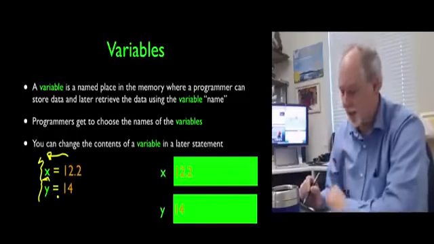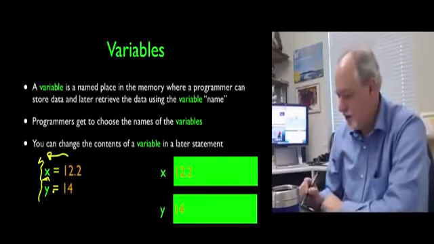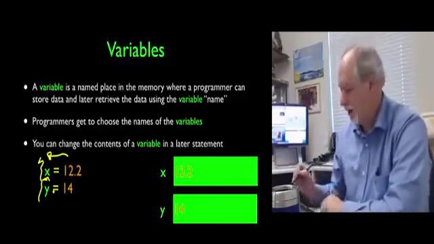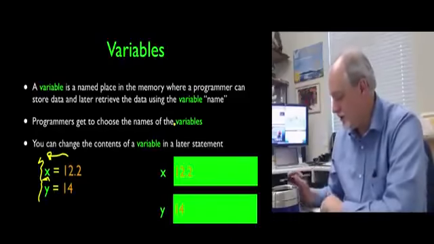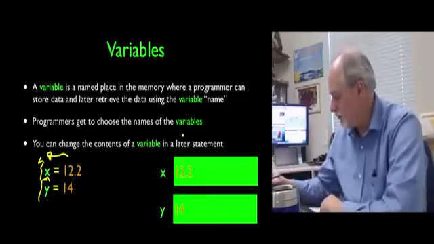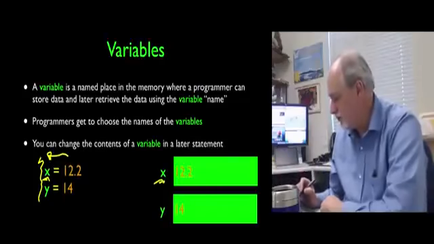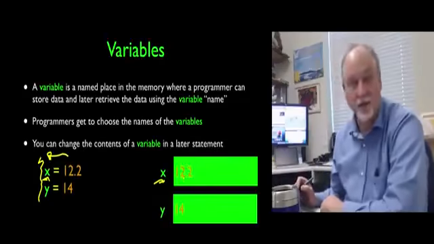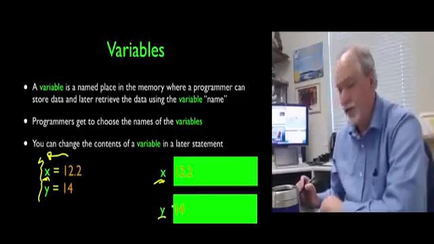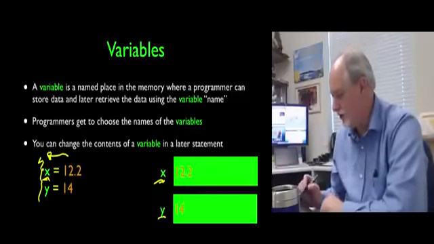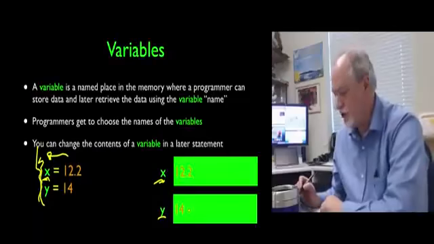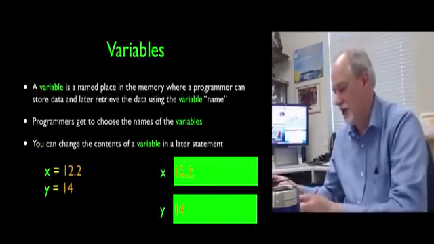I will call it y later, and stick 14 in there. That ends up with two little areas of memory, one labeled x, like a little cell or drawer, and one labeled y. After these lines run, we have 12.2 in one and 14 in the other.